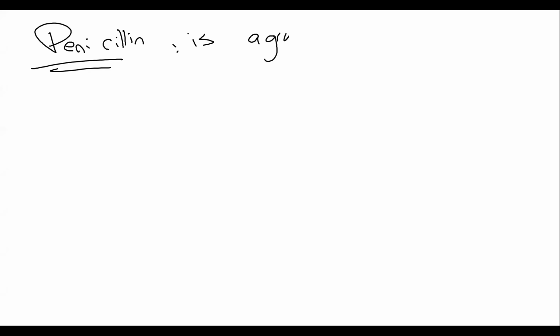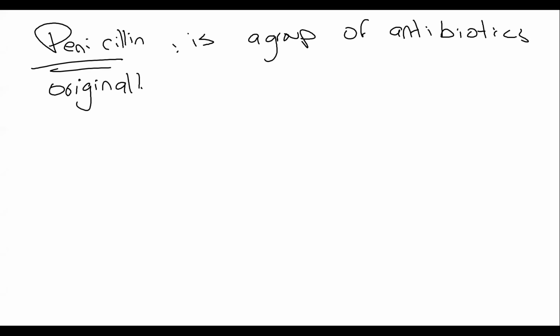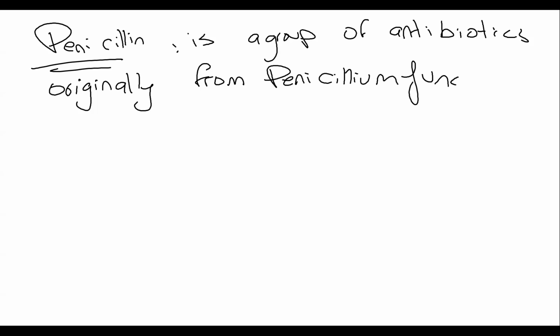Penicillin is a group of antibiotics originally derived from Penicillium fungi, discovered by Alexander Fleming.